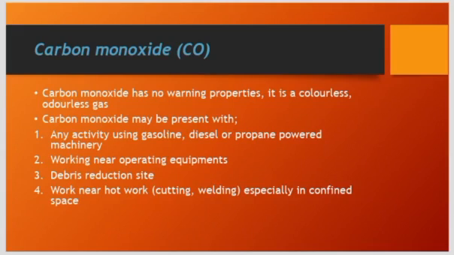Finally, another chemical associated with oil spills is carbon monoxide. Carbon monoxide has no warning properties. It is colorless and odorless, so you may be exposed to carbon monoxide without even knowing. It may be present in any activity that uses gasoline, diesel, or propane powered machinery, and also when working near operating equipment.